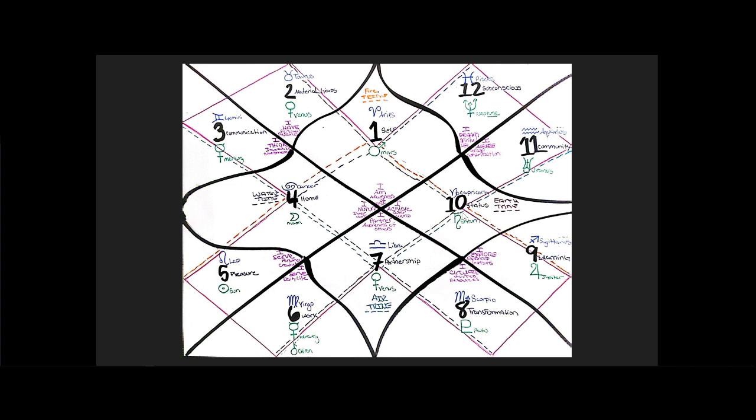Then you have earth: Capricorn, Taurus, and Virgo. Where are we? This is really hard to see. And then, what am I missing? Oh, the air: Libra, Gemini, Aquarius.